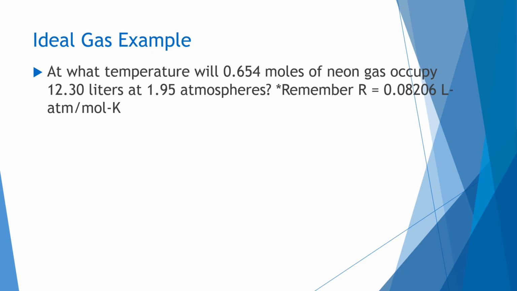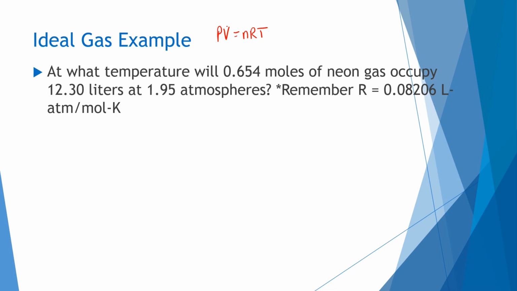So here we have an example problem. It says, at what temperature will 0.654 moles of neon occupy 12.3 liters at 1.95 atmospheres? Again, the R constant is 0.08206. So here our equation is PV equals nRT. And this equation is really important. We're going to be using it from here on out.